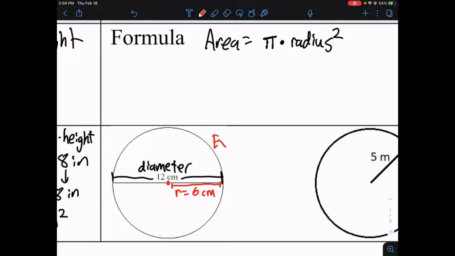Okay, so the area is then pi times the 6 centimeters squared. 6 squared, 6 times 6, is 36. And then centimeters squared is centimeters squared. Okay, and then we should always order it with the coefficient in front of the pi symbol.